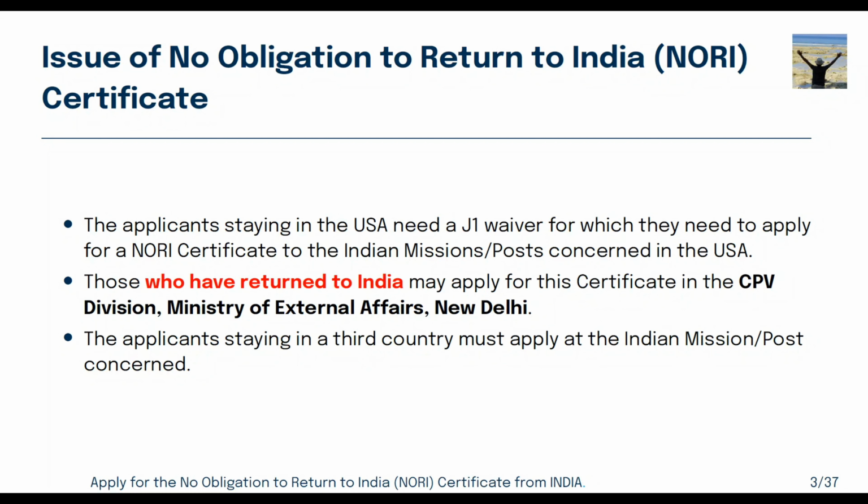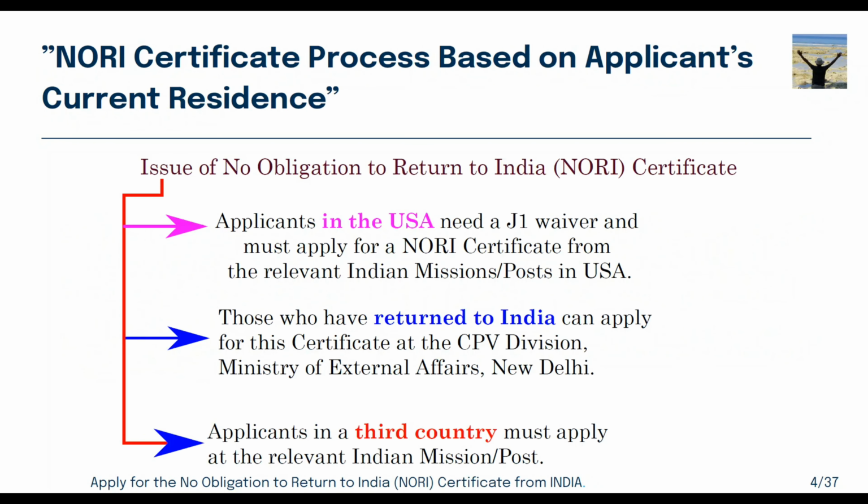And the third scenario is, if you are currently staying in a third country apart from the USA and India, then you can apply through your local Indian embassy or mission. In this video I will go to the second scenario, the person who has returned to India.